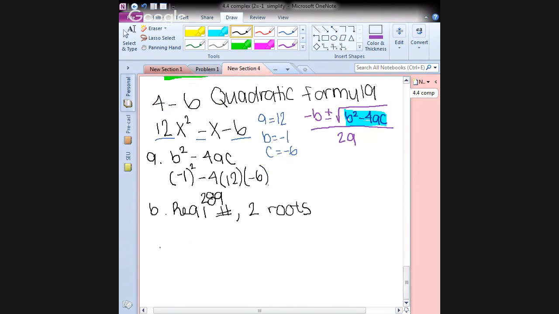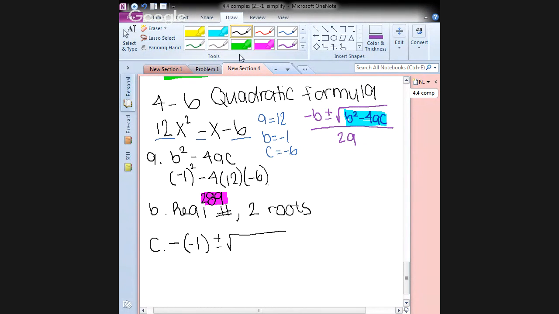Now, finally, part C is to find your answer. Well, because in part A we found the discriminant, we've actually found half of our quadratic formula. So now we're going to use the quadratic formula to find our answer. So I'm going to plug in: I have negative from my formula, and then my b is -1, plus or minus the square root of your discriminant. And we just found the discriminant, so that's what goes under my square root.